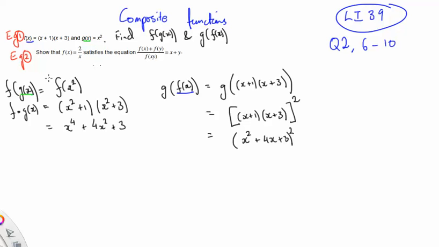Show that f of x equals 2 on x satisfies the equation here. How do we do that? How do we check if something satisfies an equation? Well, this is called a functional equation because it has functions in it. It's an equation, it has an equal sign, and it has functions in it.